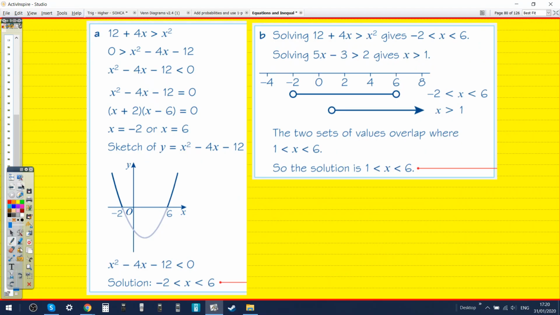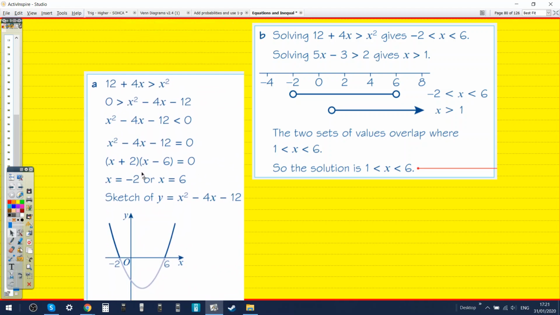So let's say, okay, see this graph down here? Yeah. So we have to solve this here. So what is the solution using this graph?